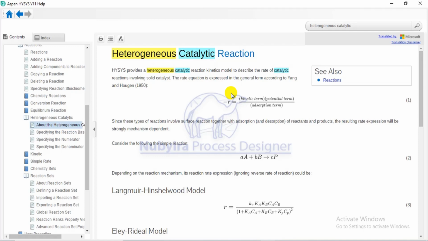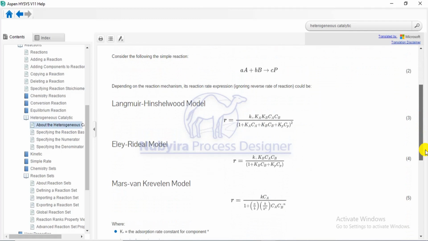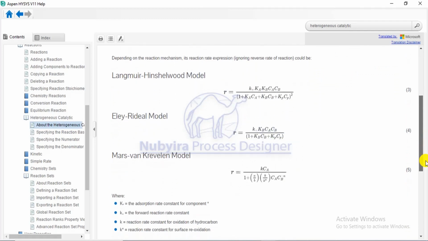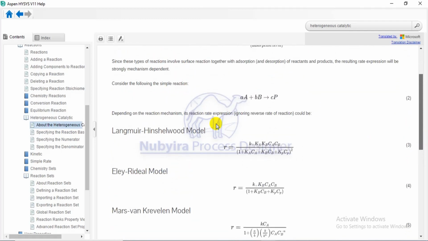So in this particular model we have three different kinds of models that were generated by different people. We'll be considering this reaction where you have small a plus small b B is equal to small c P. Based on this particular reaction, three models were generated by different people.